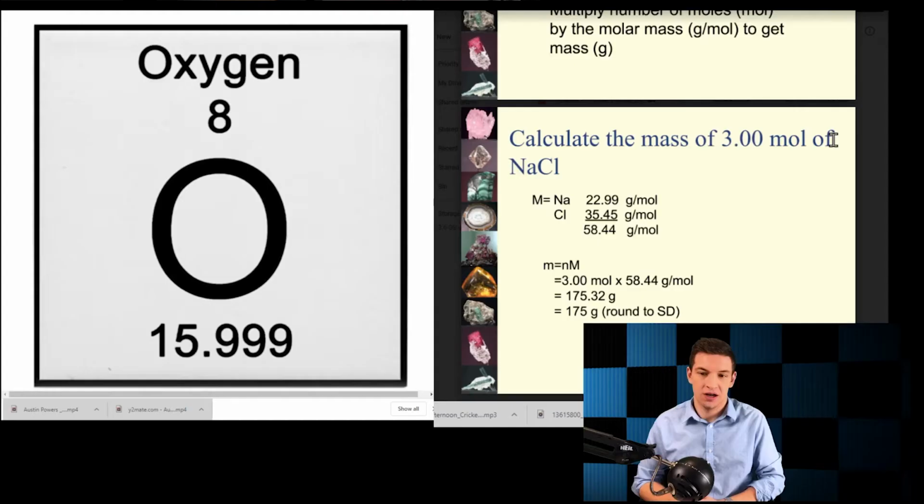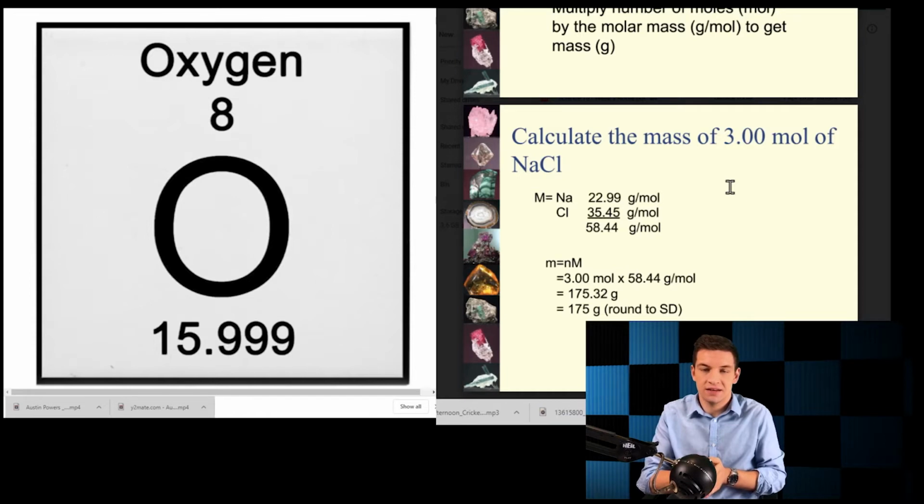So you have to add those up, okay? So you add 22.99 plus 35.45, and then you get the molar mass of sodium chloride, which is 58.44 grams per mole. So 602 hexillion atoms of sodium chloride weighs 58.44 grams. That's crazy!